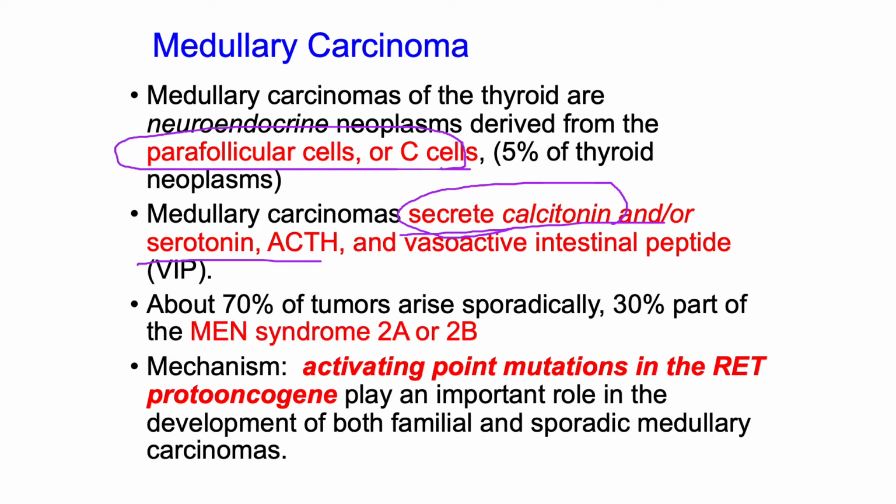Medullary carcinomas most commonly arise sporadically and can also be a component of MEN2A and 2B syndromes. The mechanism involves the RET proto-oncogene mutation, which needs to be remembered.